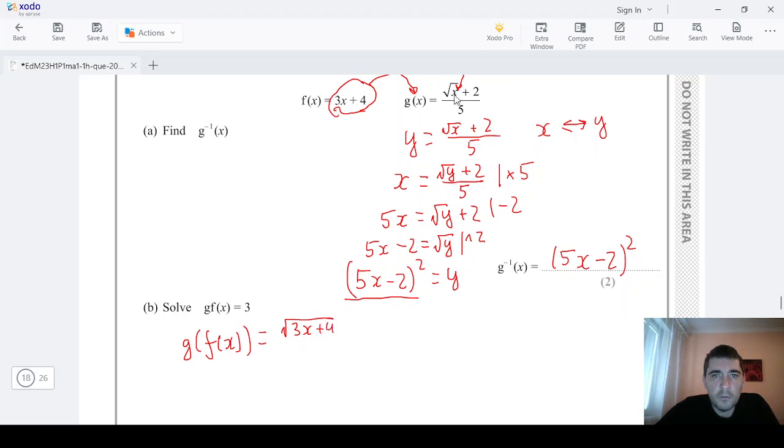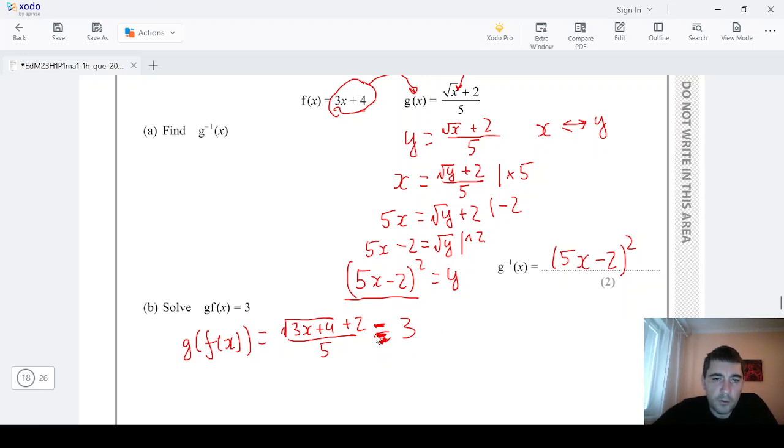Okay, so that's just a change into x. Then we still have to do plus 2 over 5 and set that to 3.